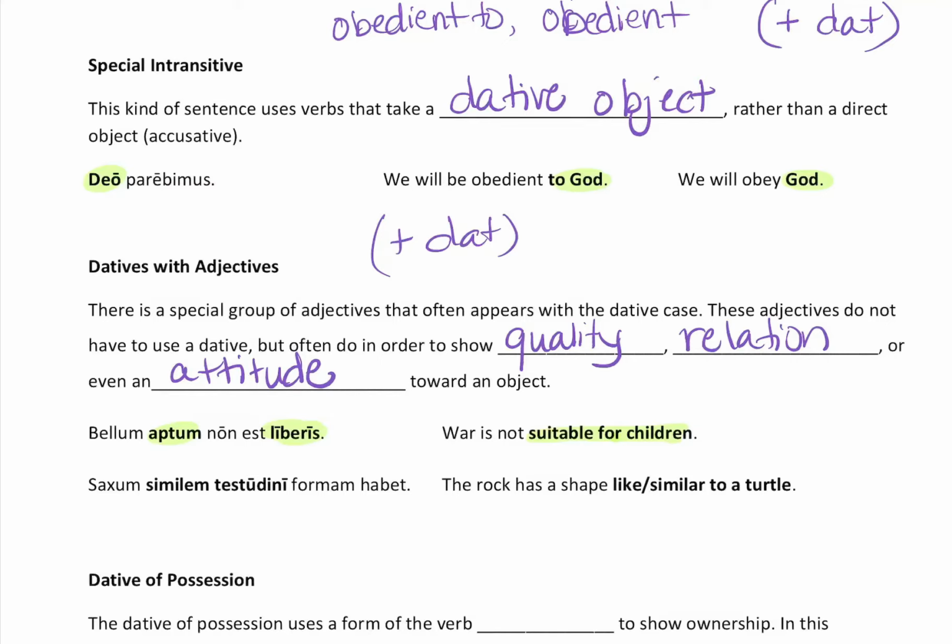You'll notice that these two don't match. Okay. Saxum similem testudini formam habet. The rock has a shape like or similar to a turtle. So here we go. The testudini is in the dative. So the adjective appears with the dative case.